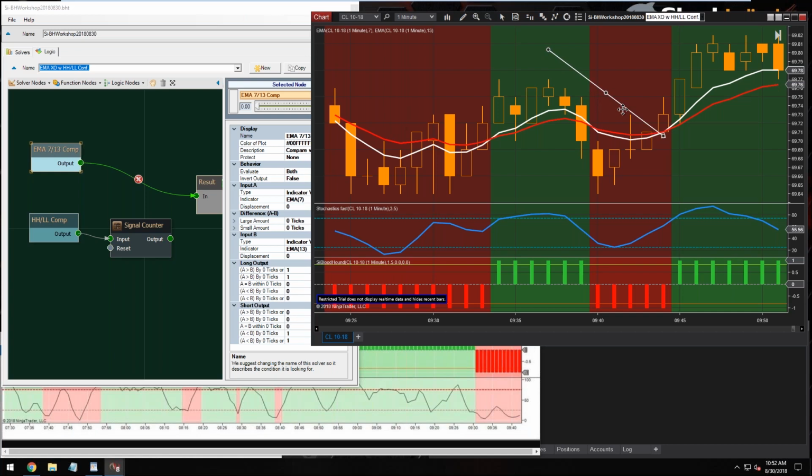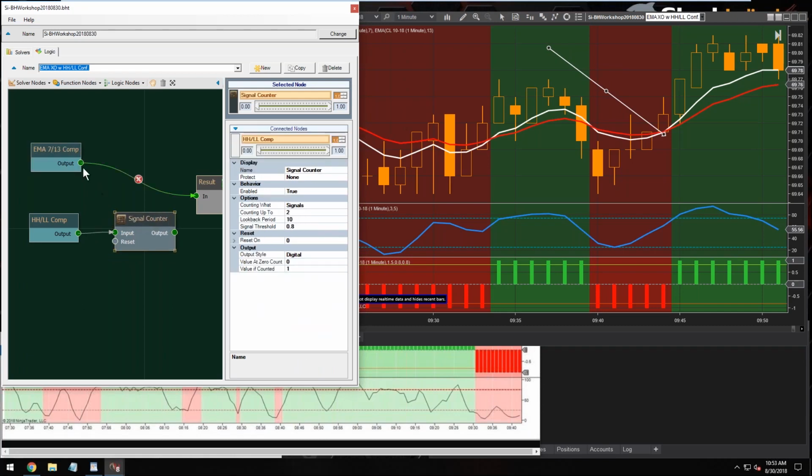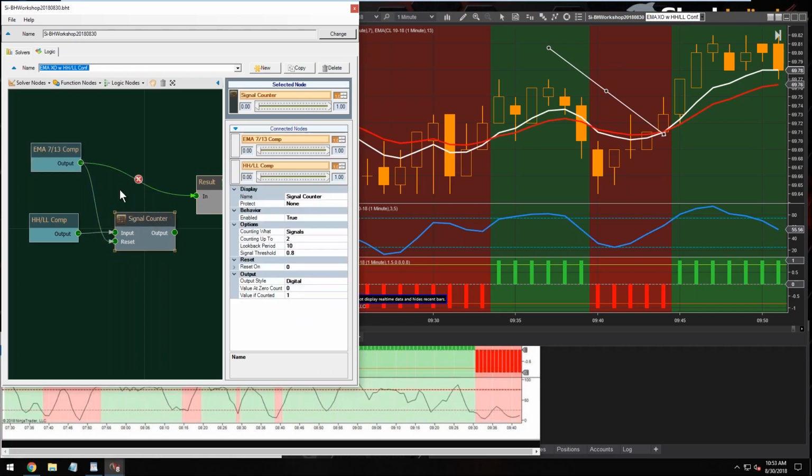So what I'm thinking is, can we use the short output here, right? We're getting this short output when the EMAs are crossed in the wrong direction here. So I'm wondering if we can use that. But we'll play around with this, right? That's one of the beauties of BloodHound: you don't have to get everything right the first time. You can experiment with it until you get the results that you're looking for here.